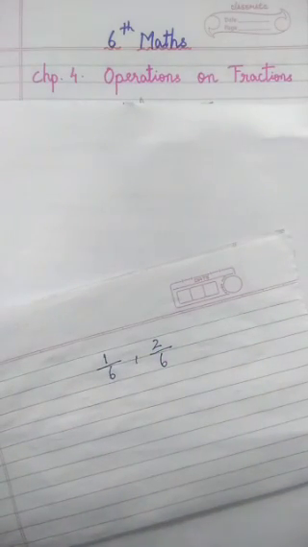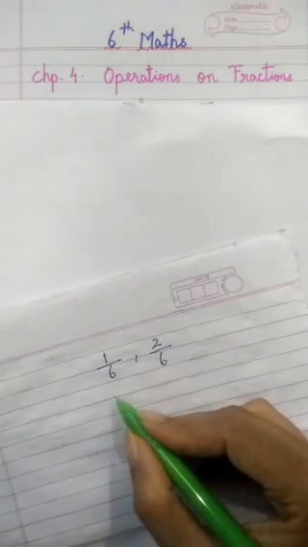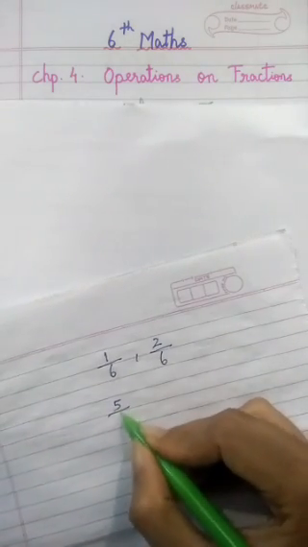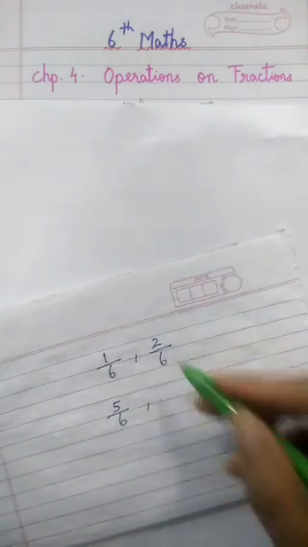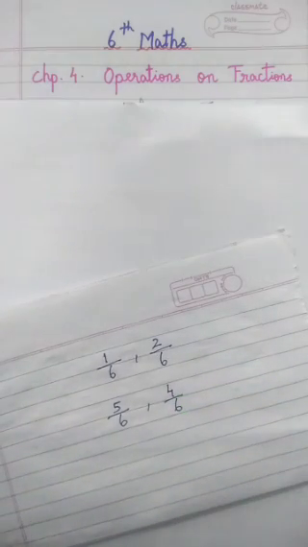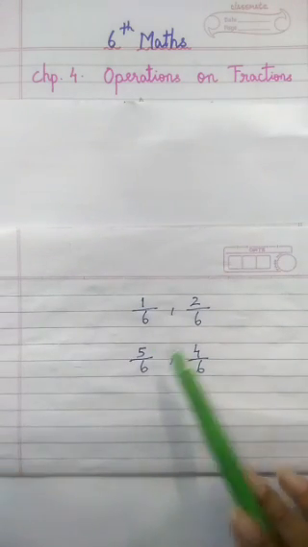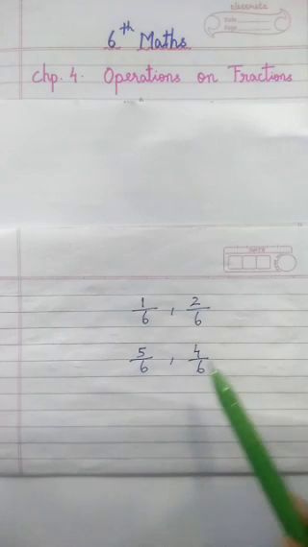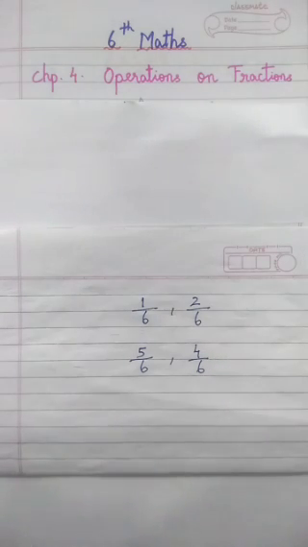And what was left with me in the dish was, first when I removed one part, 5 parts out of 6, and when I removed 2 parts, 4 out of 6 parts. So you know that these numbers, 1 upon 6, 2 upon 6, 5 upon 6, 4 upon 6, are called fractions.